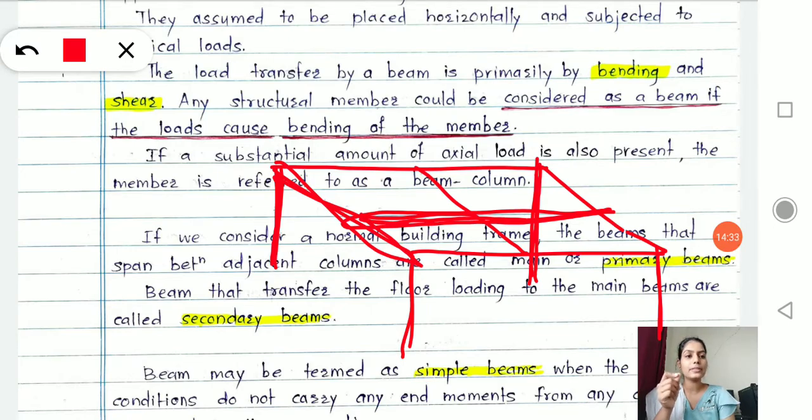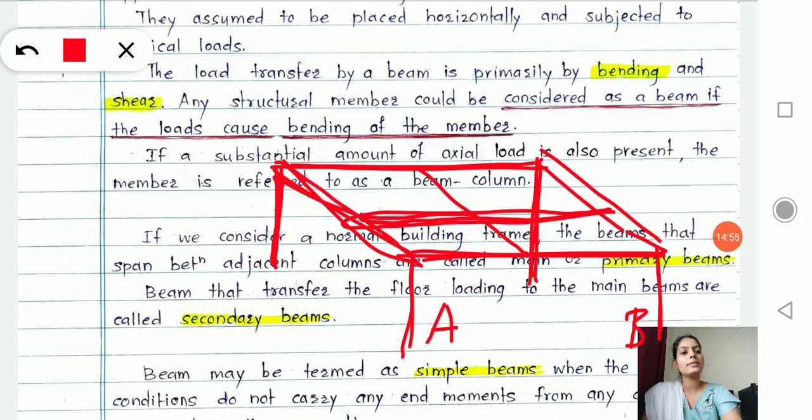Now these beams are classified by how they are spanning over the structure. See, this beam is spanning between two columns, column A and column B. Also, these four edge beams are spanning column to column.